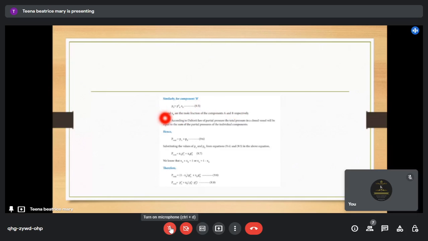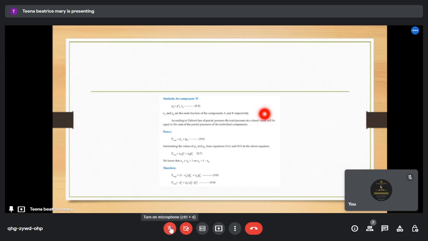So XA and XB are the mole fractions of components A and B respectively. Both are volatile liquids.